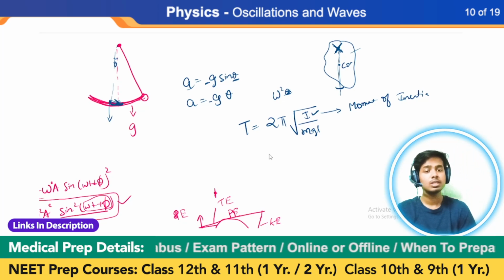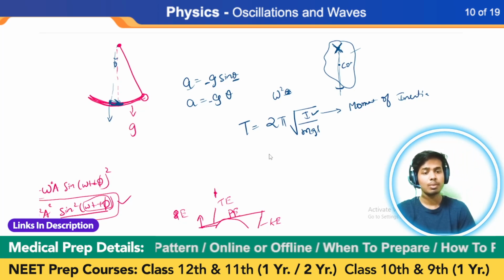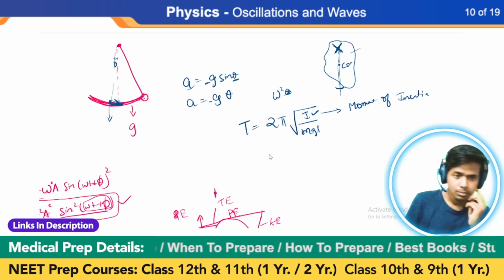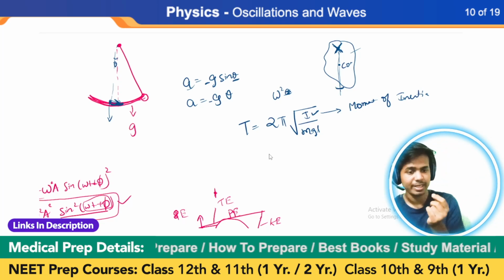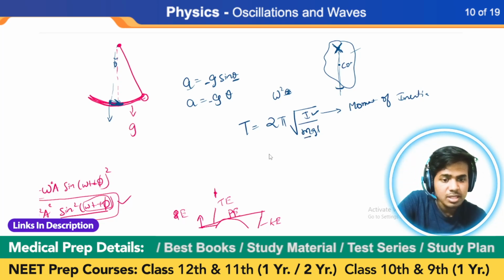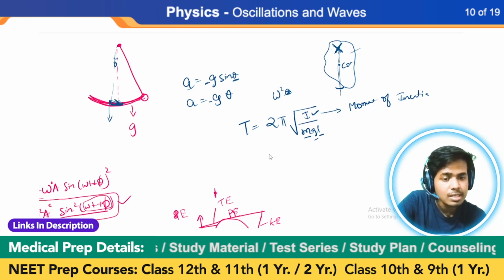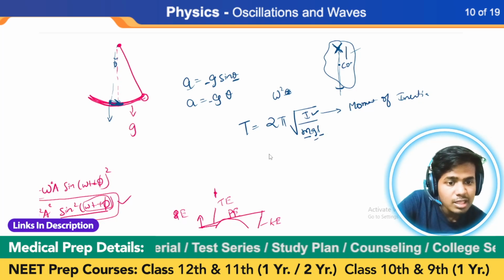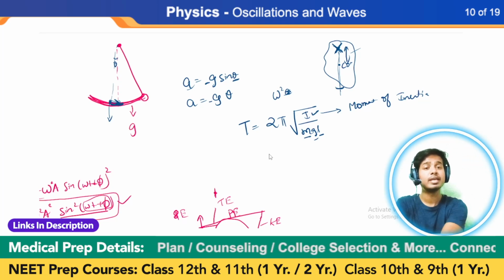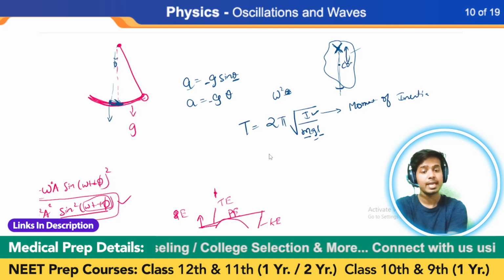You must have learned in the rotation chapter about the moment of inertia about a fixed axis. So that is what we are talking about. And mgl, m is the mass, g is the gravity, and l is actually the length between the center of mass and the hinge point. The shortest distance between the hinge point and the center of mass is l here.